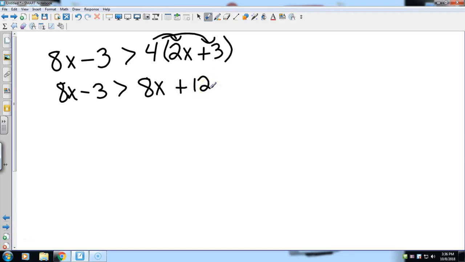So now I have the exact same thing on both sides. So I have my 8x's and my 8x's, so they will cancel, and I'm left with negative 3 is greater than 12. Now, negative 3 is not greater than 12, so again, this will be no solution.